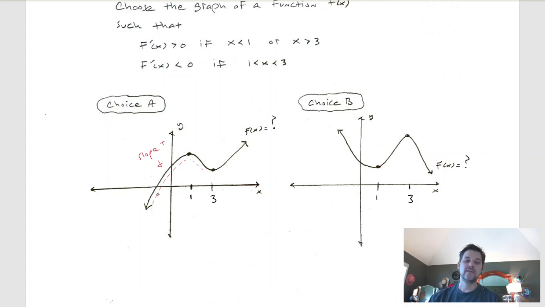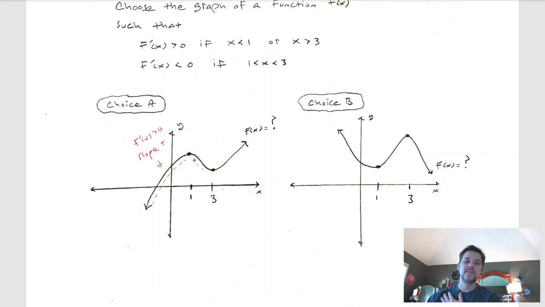Because every one of these little lines that I could envision join together and make up that curve are all going up and to the right. So the slope of these individual lines is like that. And so the derivative by extension is positive, okay? So f prime of x right here is greater than 0, at least until you get to that point.